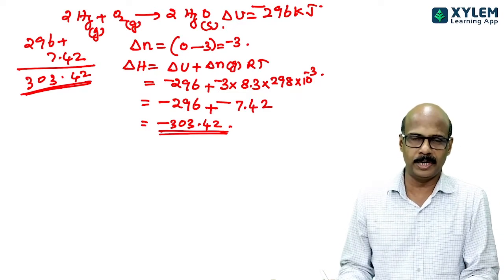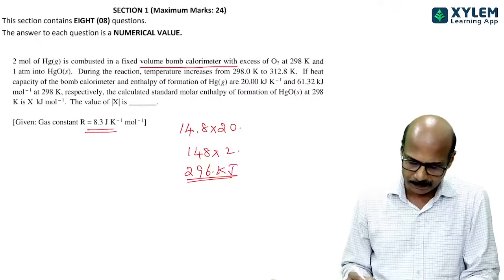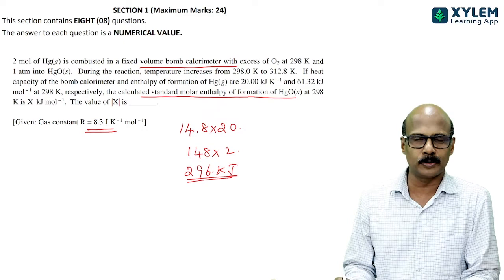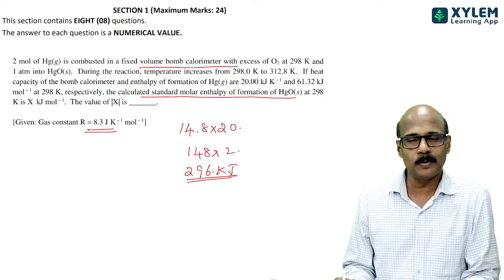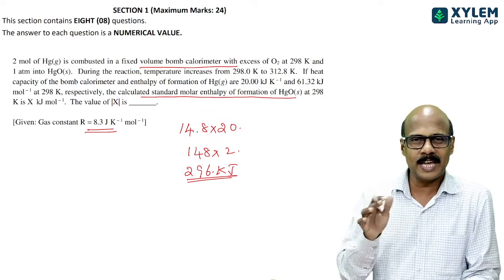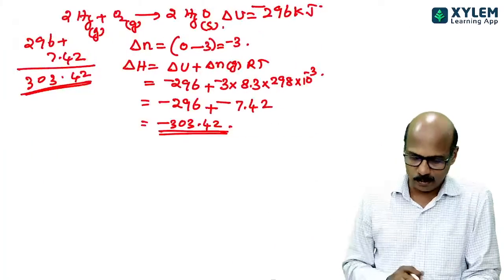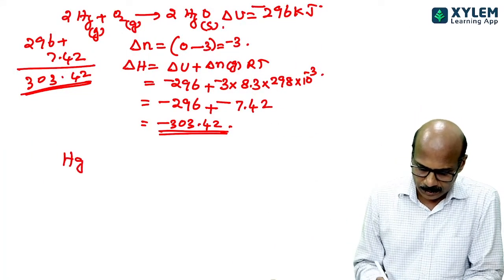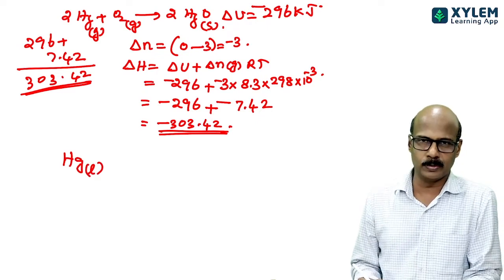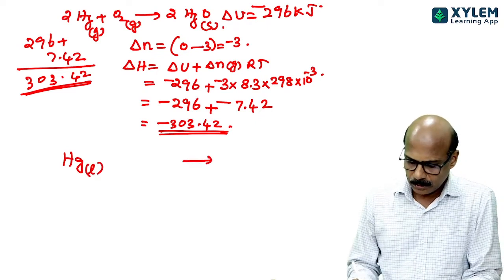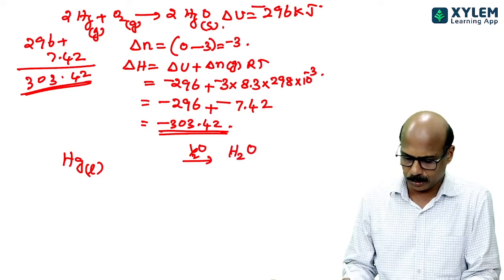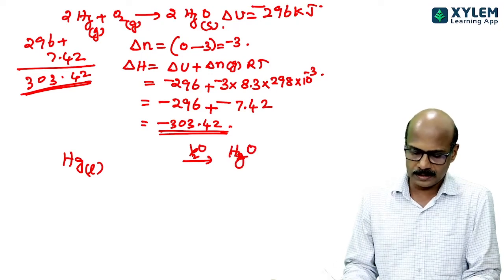But what is required? You want to determine the standard molar enthalpy of formation of mercuric oxide solid. What do you mean by standard? The reactant should be in the standard state. What will be the standard state of mercury? Mercury in the standard state is liquid.